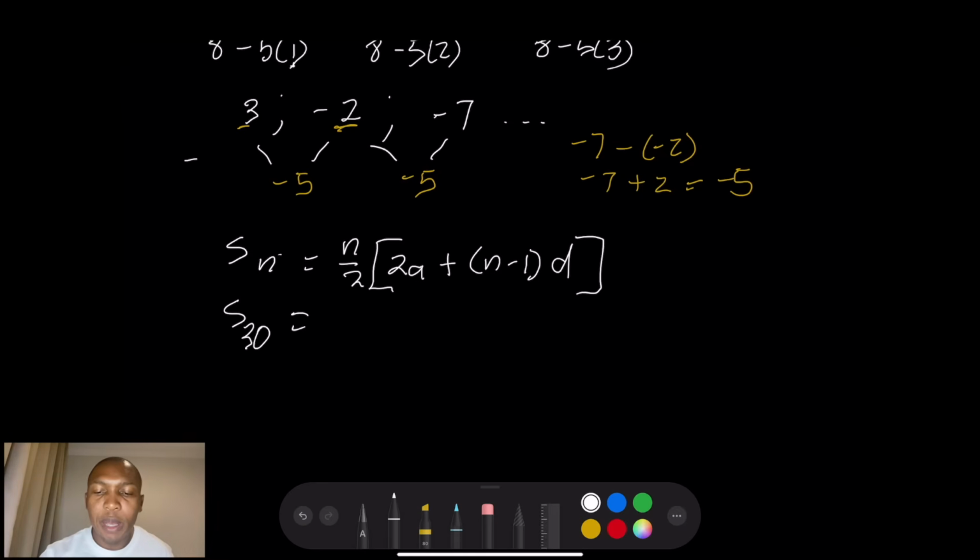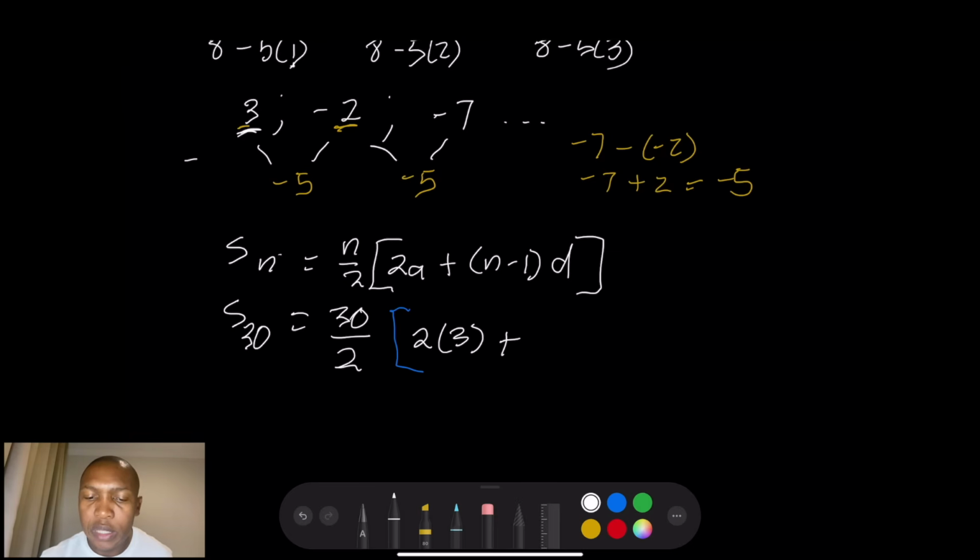Perhaps I should make my brackets a little bit different so that it's visually appealing. So this is going to be 30 over 2, into 2 times our a value, which is 3, plus n minus 1.